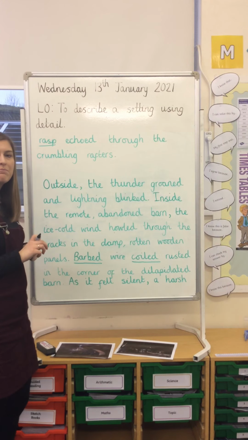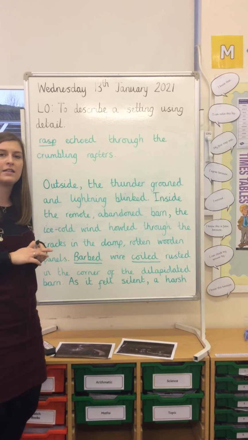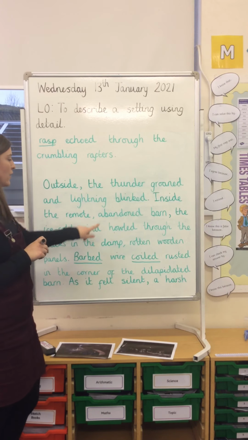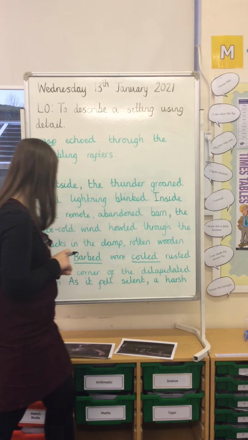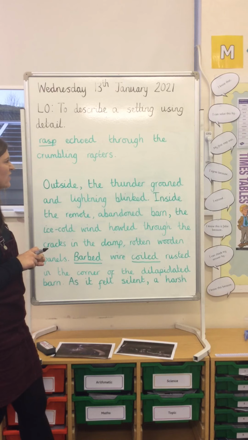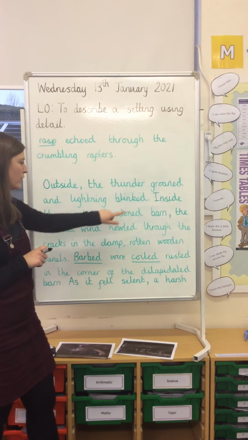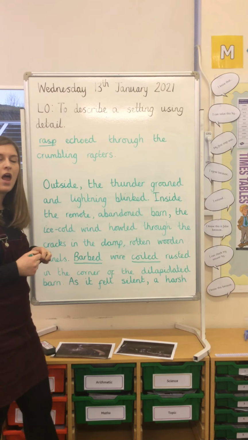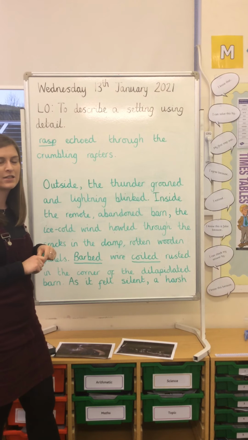So this vocabulary that I've learnt this week, I am putting straight into my writing, which is really important. And also challenging myself with those additional words that are a bit tricky, abandoned, dilapidated. Using that personification, groaned, blinked, bringing that barn almost to life. But no characters, no speech, just a setting description.